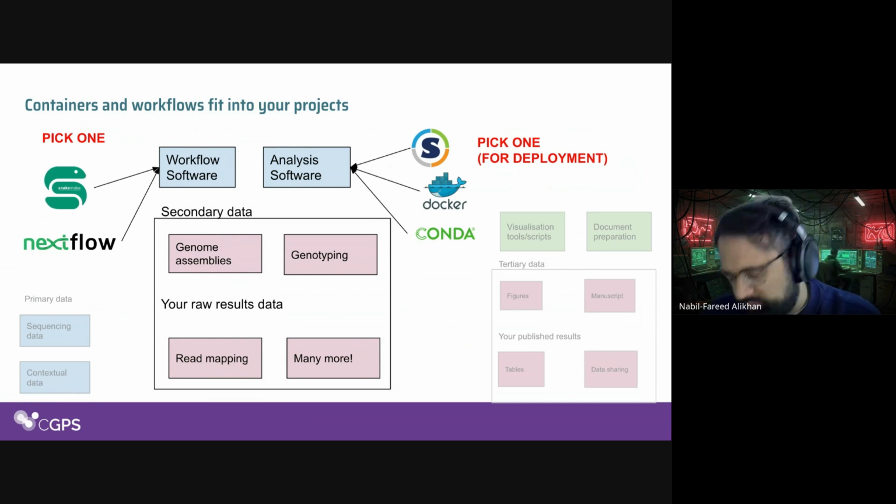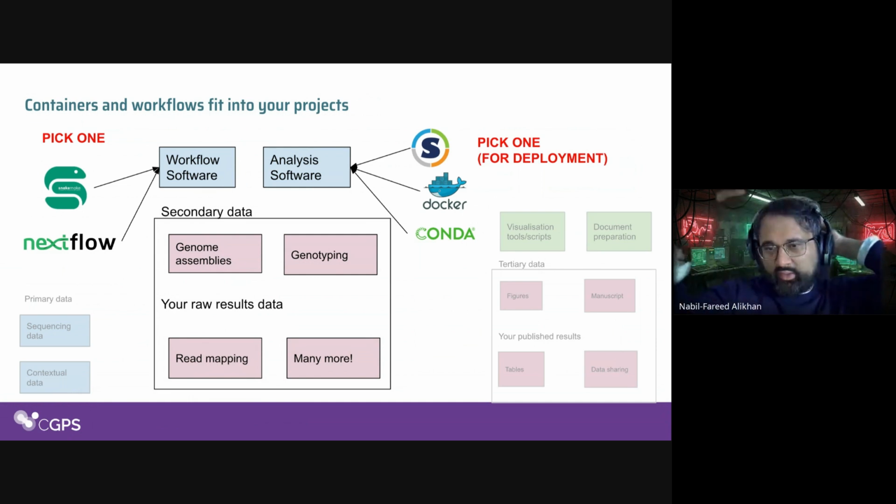Or you can write a monolithic Python script or something like that. But usually people are gravitating towards Snakemake and Nextflow as workflow languages where you specify the actual process, so the glue: this pipeline, this program, take the output from this program, put it into the next program, put it into the next program, and so on.